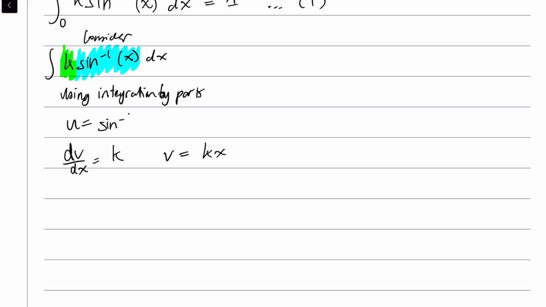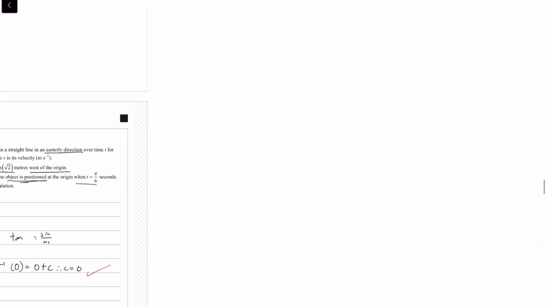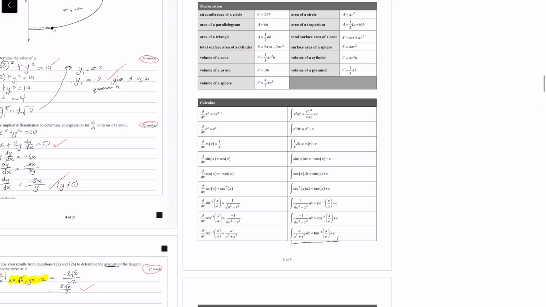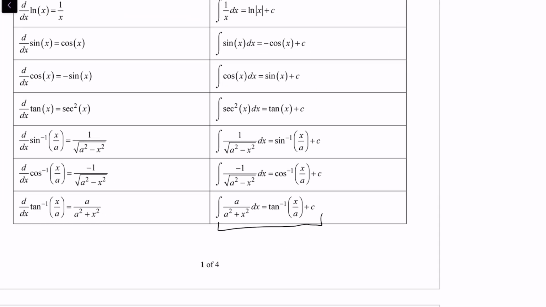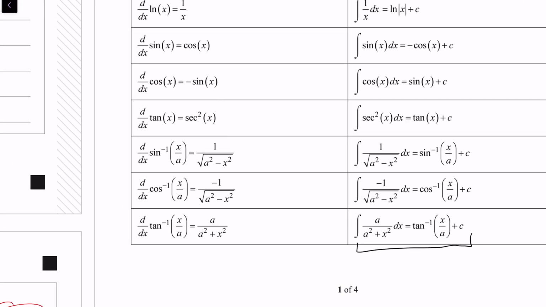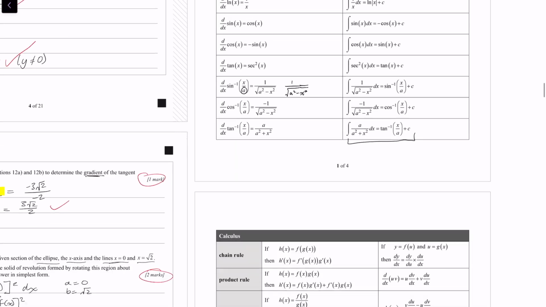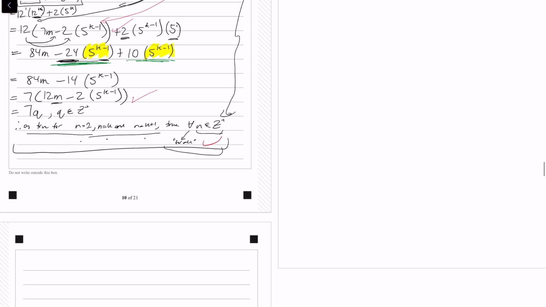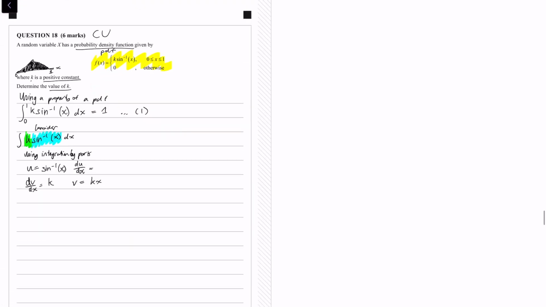sine inverse function. And then if I differentiate that, I look in my formula sheet, differentiating inverse sine gives me one over the square root of a squared minus x squared. Okay, and my a value in this case is just 1, because I'm dividing by 1 inside the brackets, because it's just x over there.